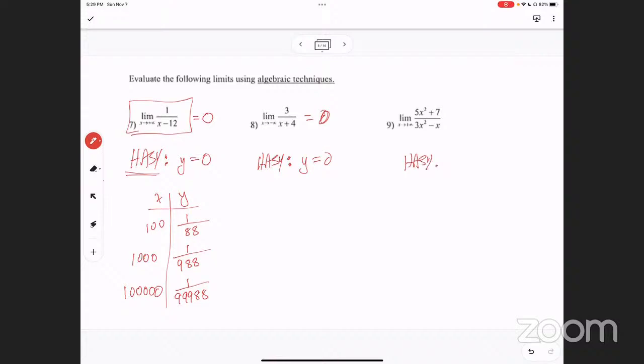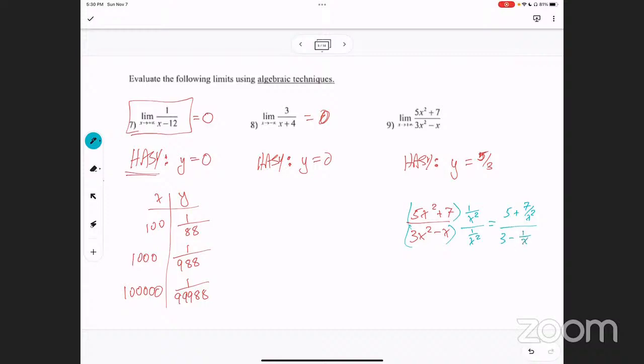The horizontal asymptote is going to be 5 over 3. Perfect. Okay, I'm realizing another algebraic technique that you could have used. If you multiply everything by 1 over x squared, you're going to get 5 plus 7 over x squared all over 3 plus 3 minus 1 over x.